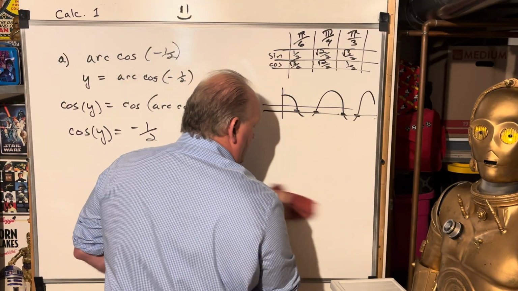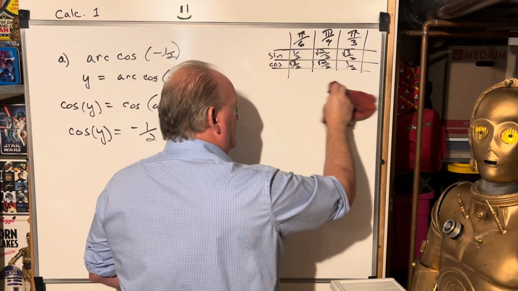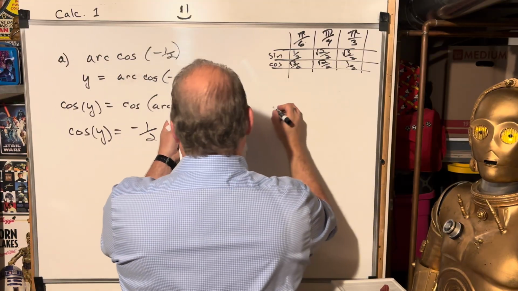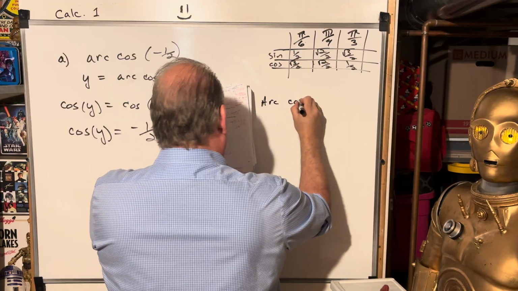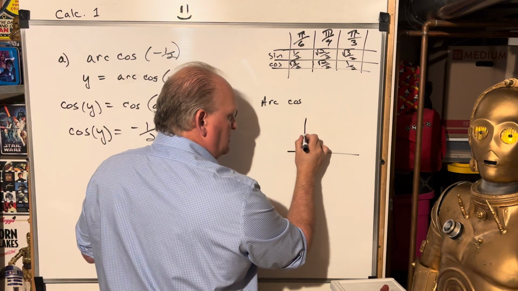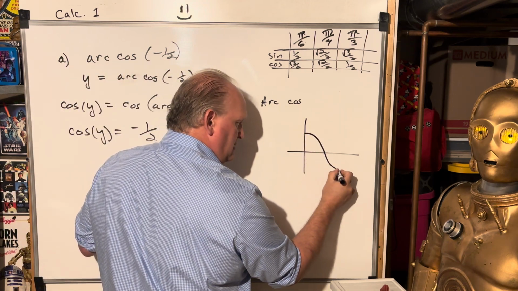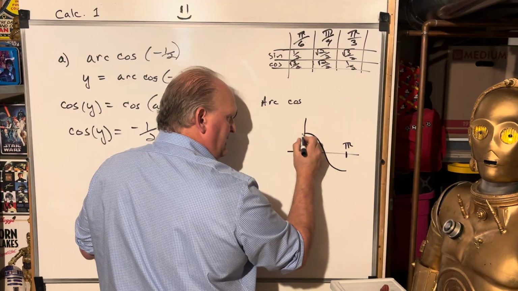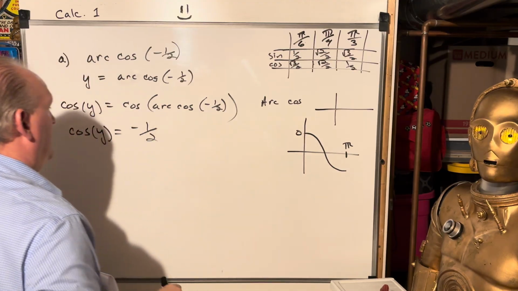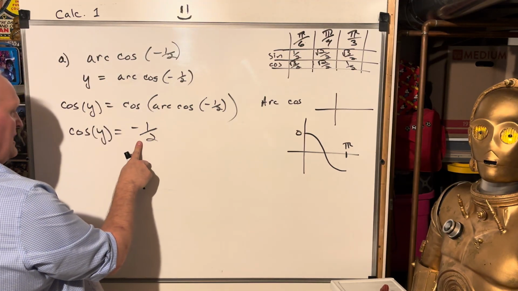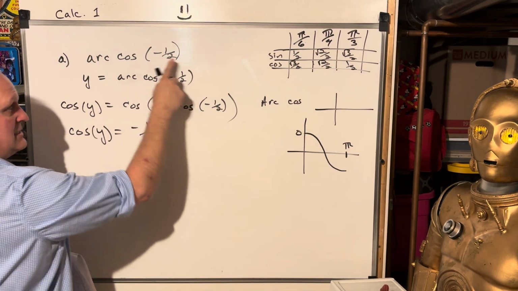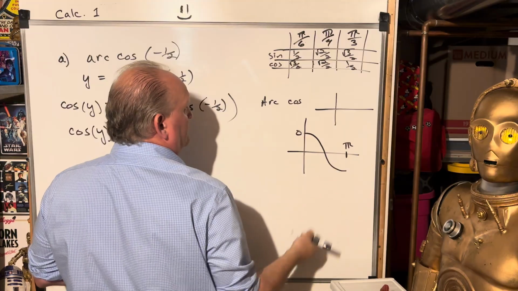So they prescribed the principal values: the arc cosine curve only gives you from 0 to pi. So it's just this piece. That limits the cosine to the first and second quadrant only. So when they want the arc cosine of negative 1/2, they're talking about just Q1 and Q2.